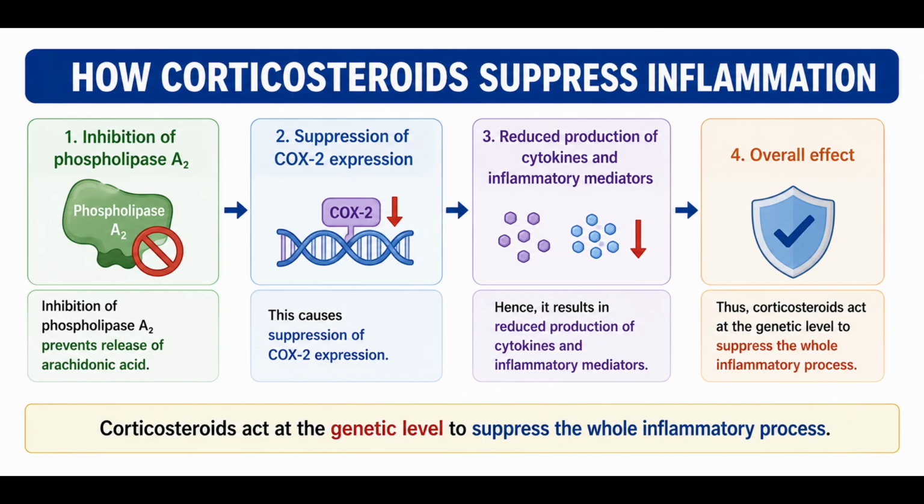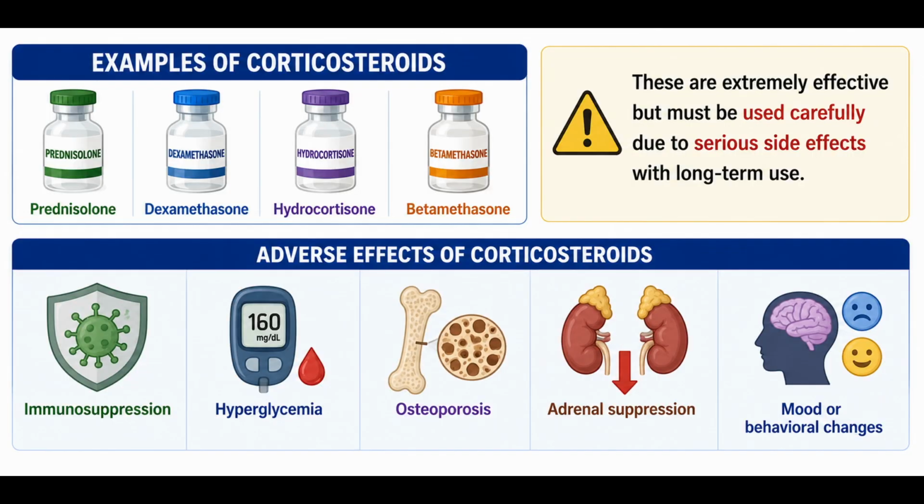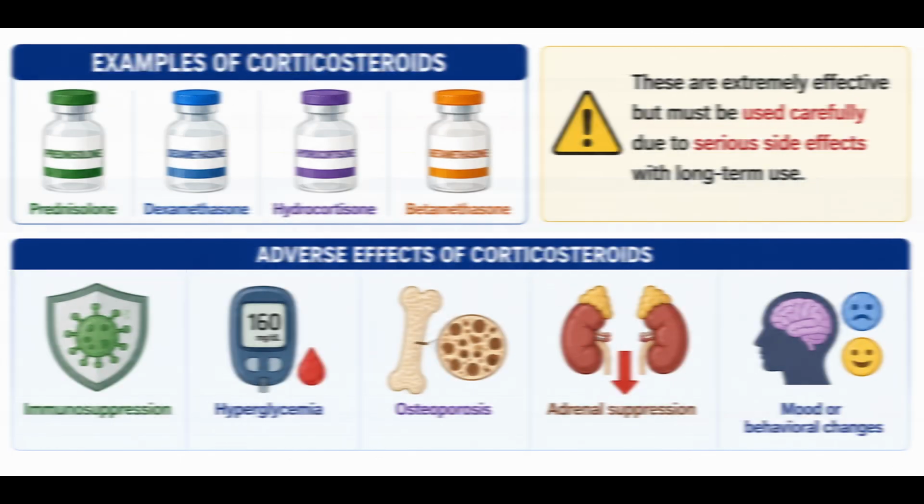Some examples of corticosteroids are prednisolone, dexamethasone, hydrocortisone, betamethasone, etc. These are extremely effective but must be used carefully due to serious side effects with long-term use. Now, adverse effects of corticosteroids are immunosuppression, hyperglycemia, osteoporosis, adrenal suppression, and mood or behavioral changes.